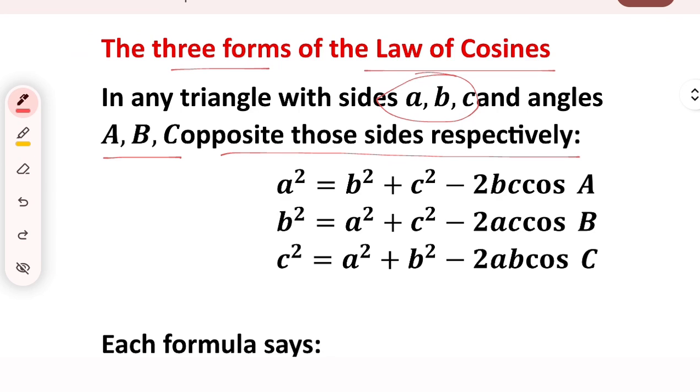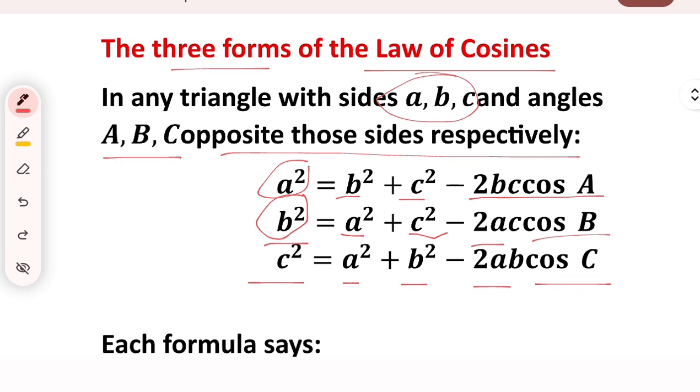So we have here a squared, one side squared, equals b and c squared, summed, minus 2bc times cosine of A. For the second one, we have b squared, since this is the one that is squared, equal to the rest of the sides: a squared plus c squared minus 2ac cosine of capital B. And the last one is small c squared equals a squared plus b squared minus 2ab cosine of the big C.